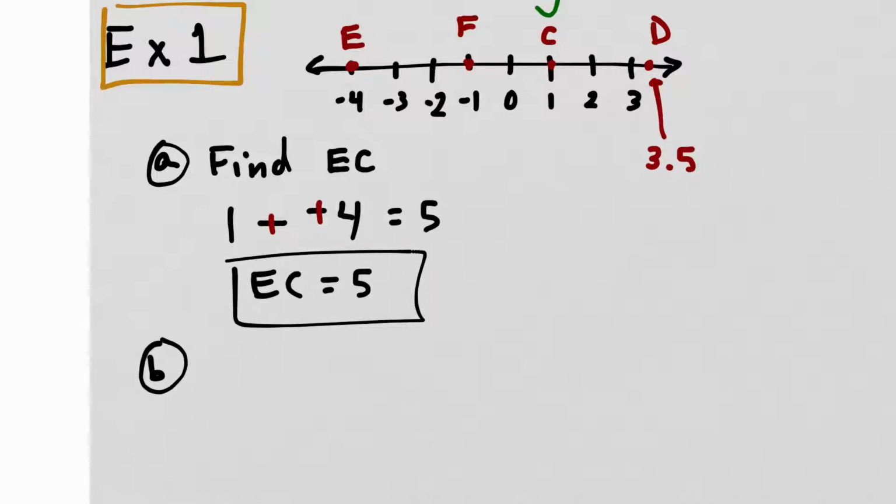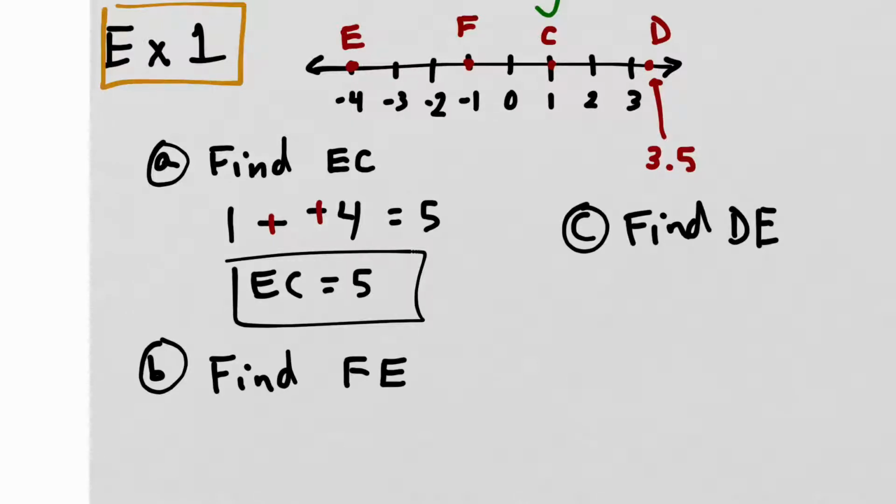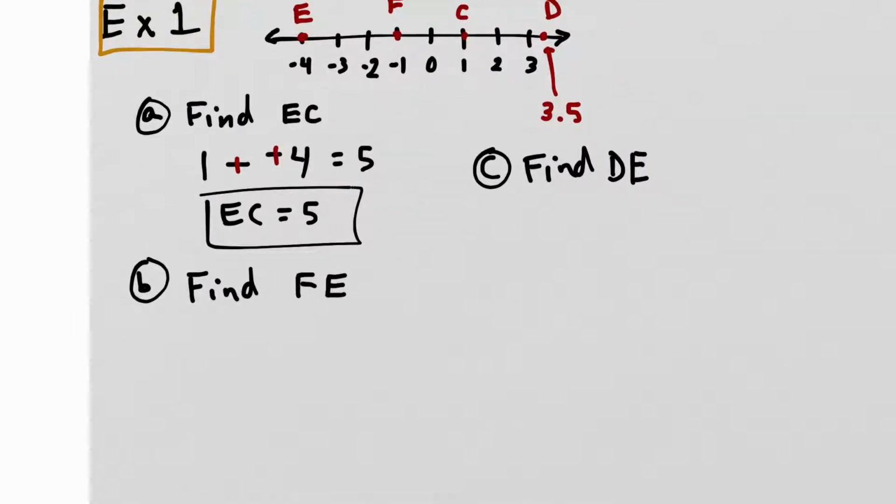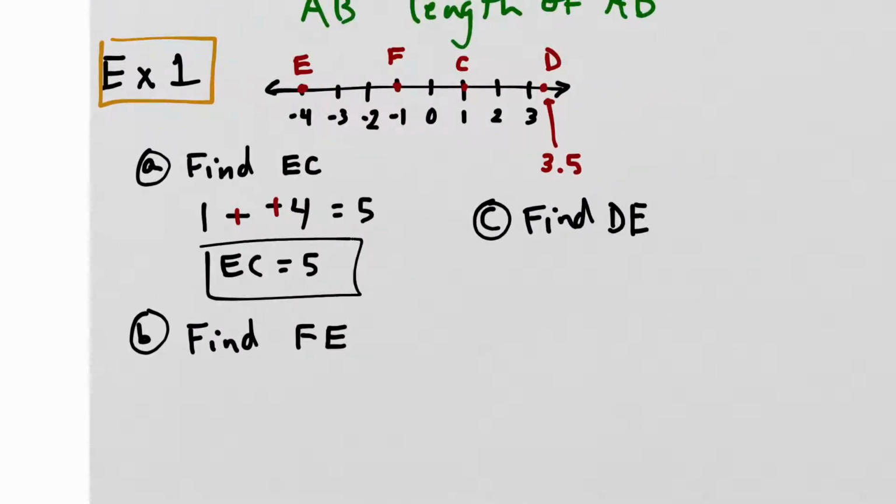For the second part, let's find FE. And then another one, find DE. So FE, what you can do is just subtract, so we'll do it again. -1 FE minus -4.